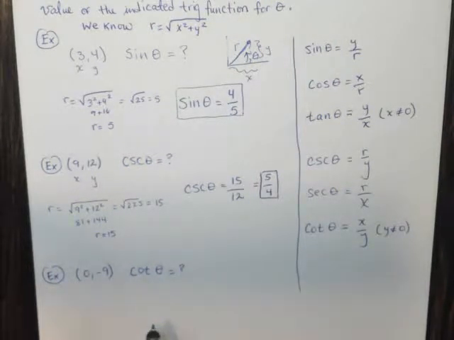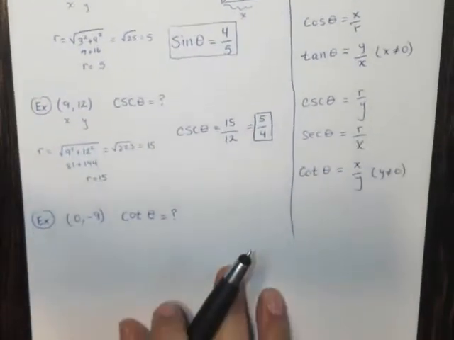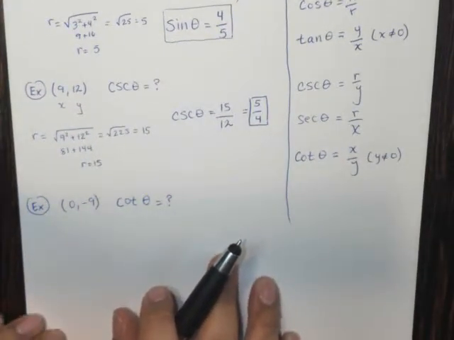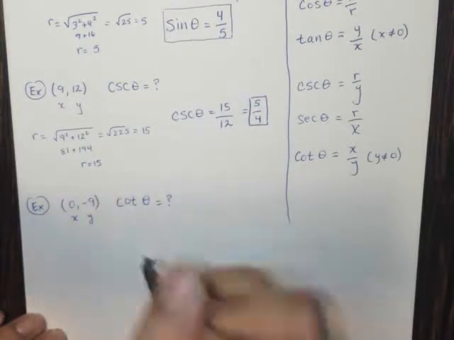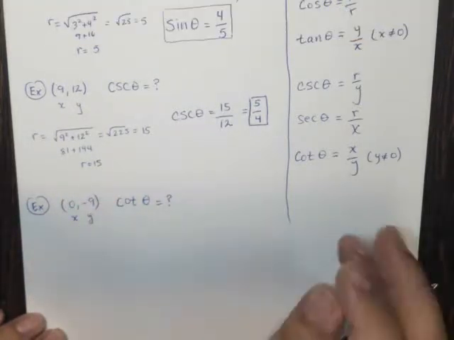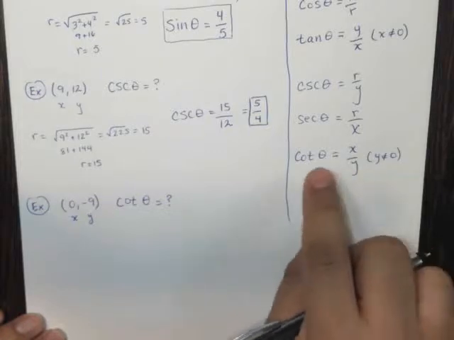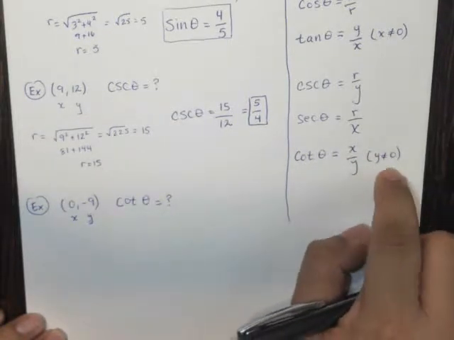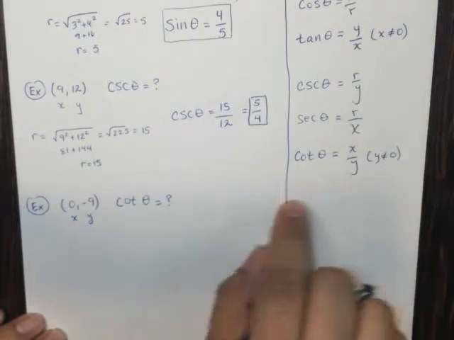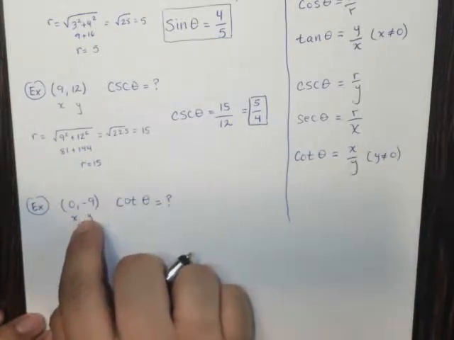All right, and then let's take a look at this very last example here at the bottom. We have the cotangent of theta. So again, I'm going to label x. I'm going to label y. And we know from this notation here that the cotangent of theta is x divided by y, so long as y is not equal to 0. So in this case, let's see what we've got.